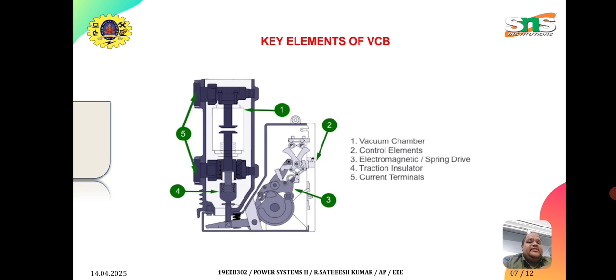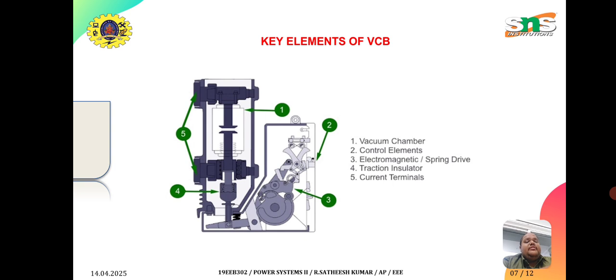So this is the mechanical diagram of the vacuum circuit breaker. You can see the actuator mechanism is playing a crucial role, which actuates the process of making and breaking the circuit in a closed environment.